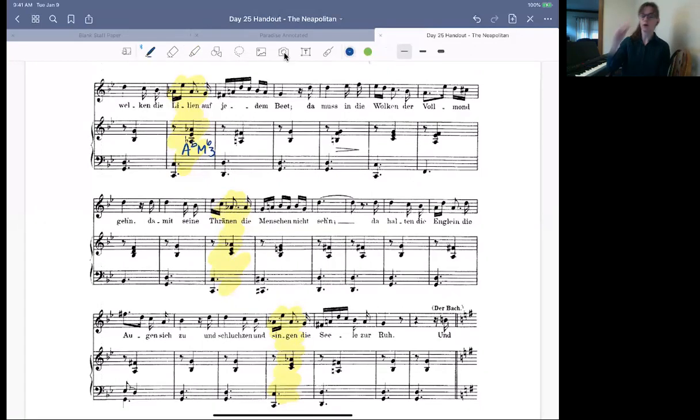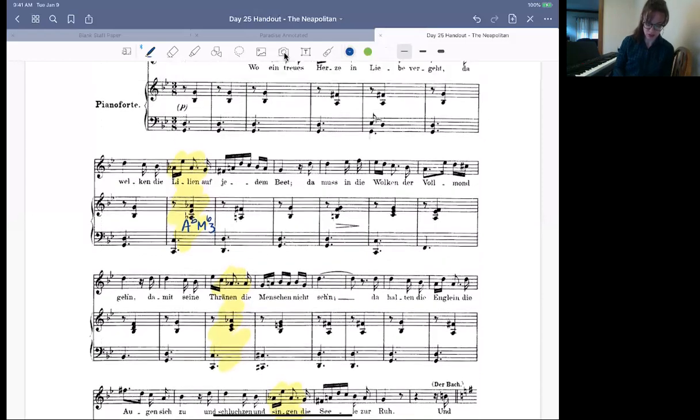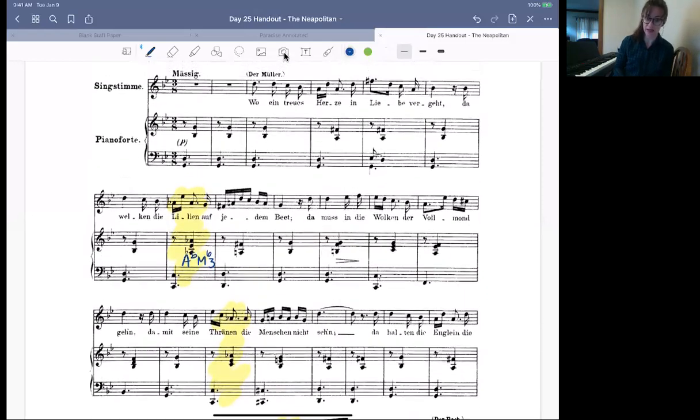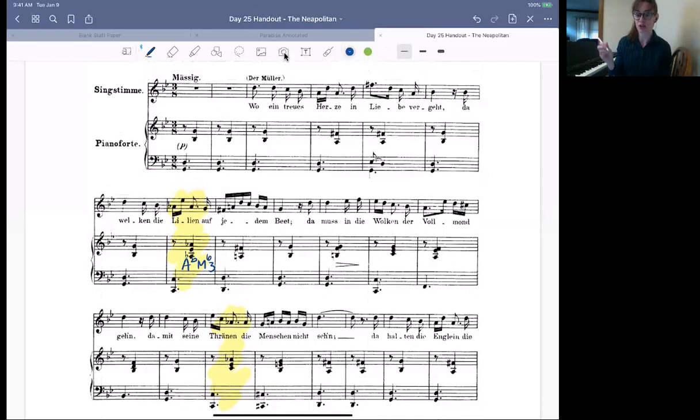All right, so I just labeled the top one, but what we have is an A flat major triad in first inversion. So let's just scoot up to the very top and establish our key. I think from just your listen, you could tell pretty clearly that we're in a minor key. Judging by our key signature, we are indeed in G minor.